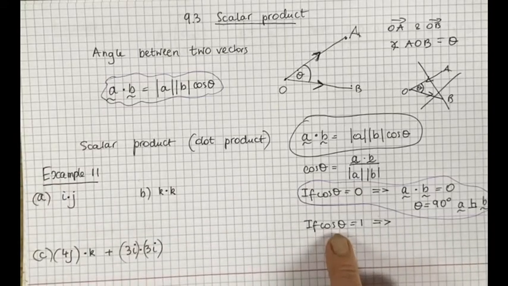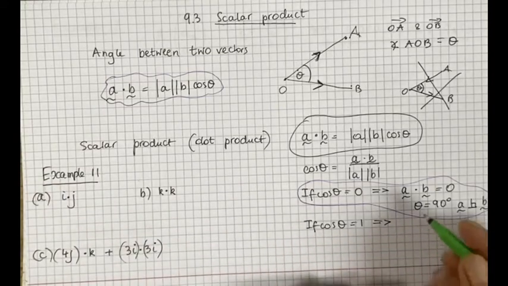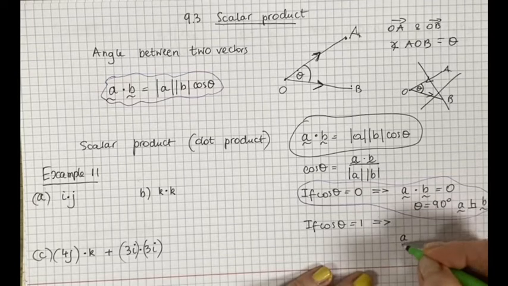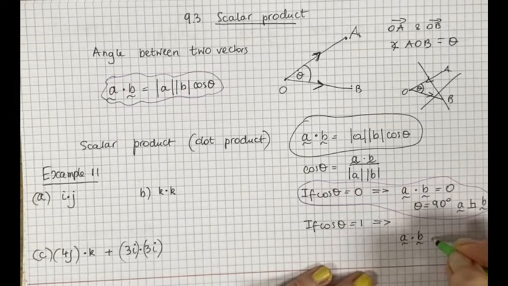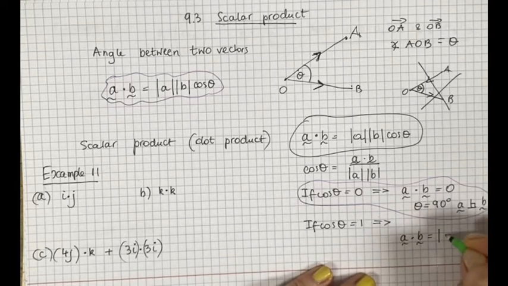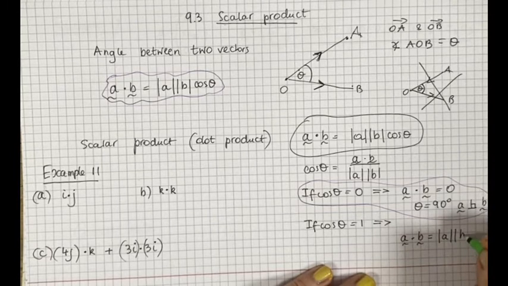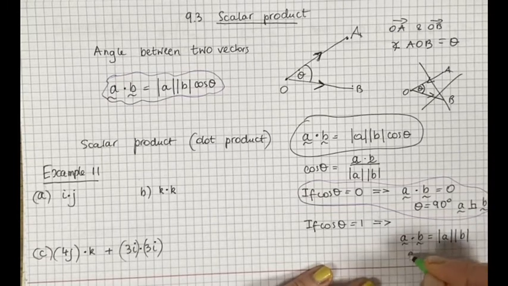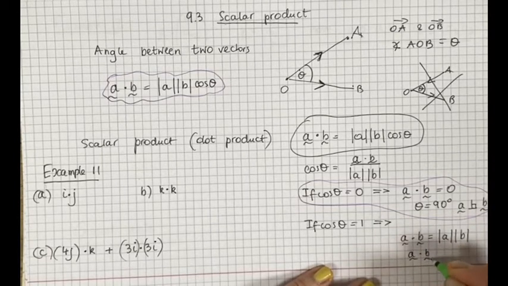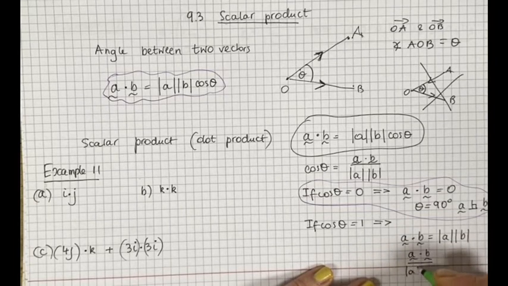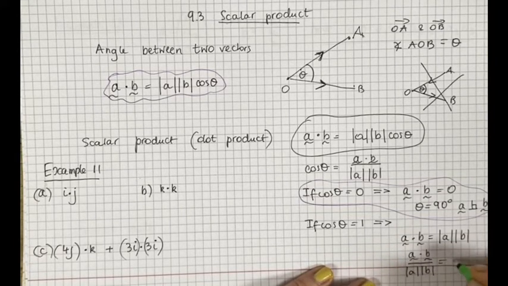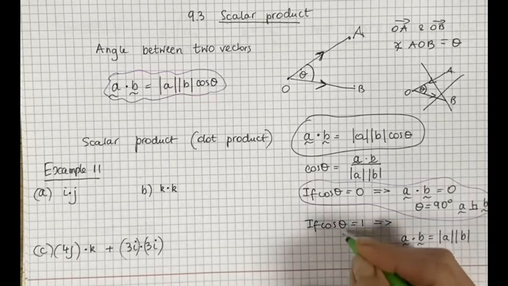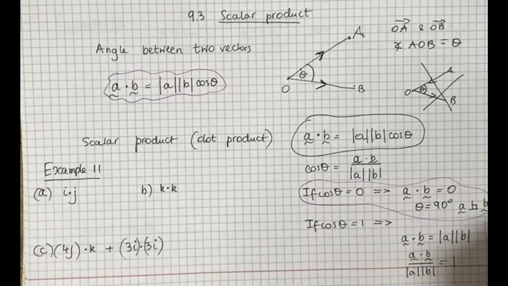Now, if cos theta is equal to 1, then A dot B is equal to A multiplied by B, the product of the lengths. Again, I prefer to remember this as A dot B over the product of the lengths of the two vectors is equal to 1, because cos theta is equal to 1. And when does it happen?